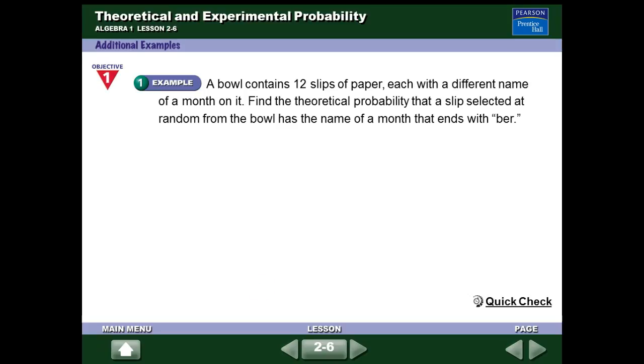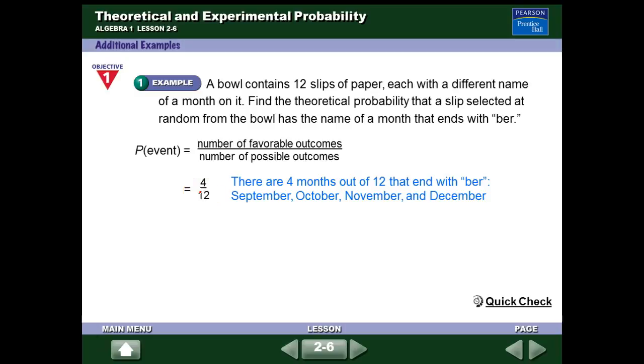Slips of paper, each with a different name of a month on it. Find the theoretical probability that a slip selected at random from the bowl has the name of a month that ends with BER. So first thing, number of favorable outcomes over the number of possible outcomes. I need to figure out how many months end with BER.